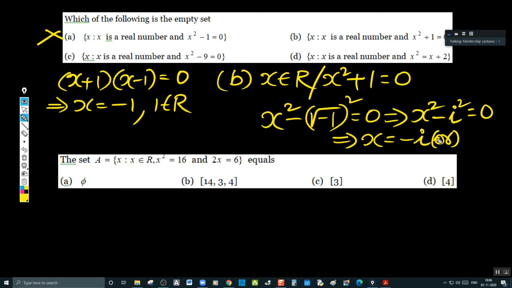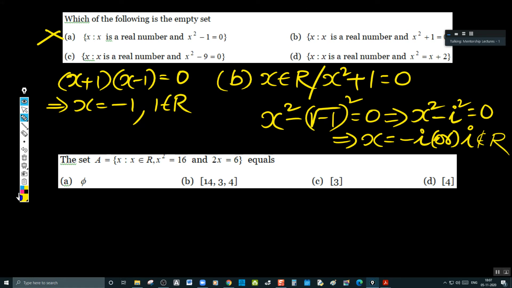This is called iota. And I think you know what is i. Imaginary number, everyone knows, no? Yes, sir. So this does not belong to R and hence it is a null set.